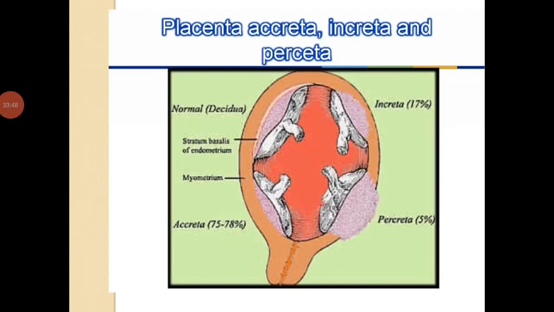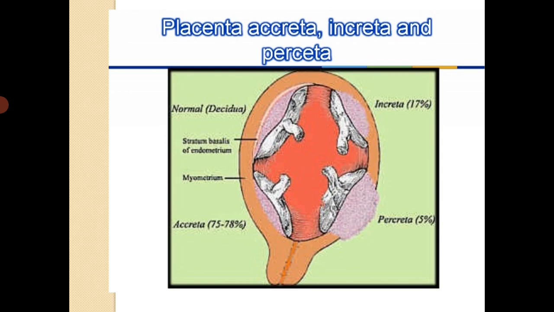Next, placenta accreta, increta and percreta. The normal implantation is into the endometrium. Next to the normal implantation, on the other side we can see placenta increta, where in the pinkish color, that is the placental encroachment, it is crossing the myometrium and going to reach the perimetrium.